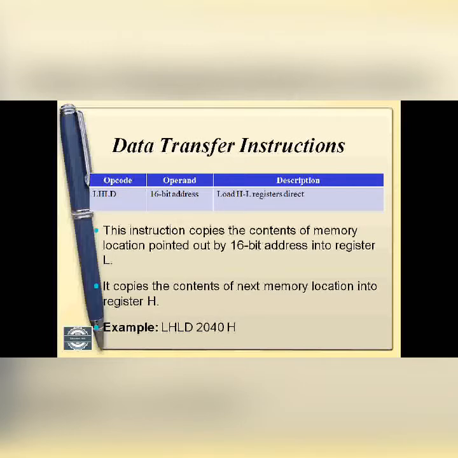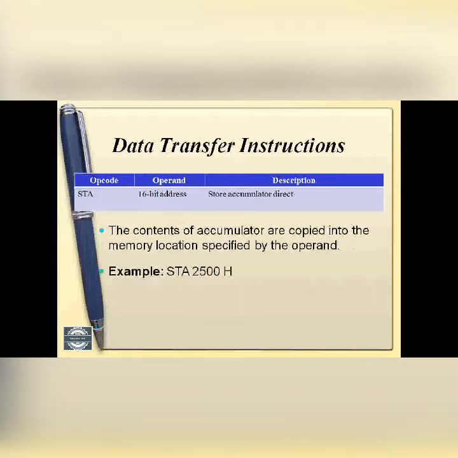The example is given also here. Now the next one we will discuss, but before that, one thing I have to tell you: please don't skip it, because every instruction is very important. Now STA.